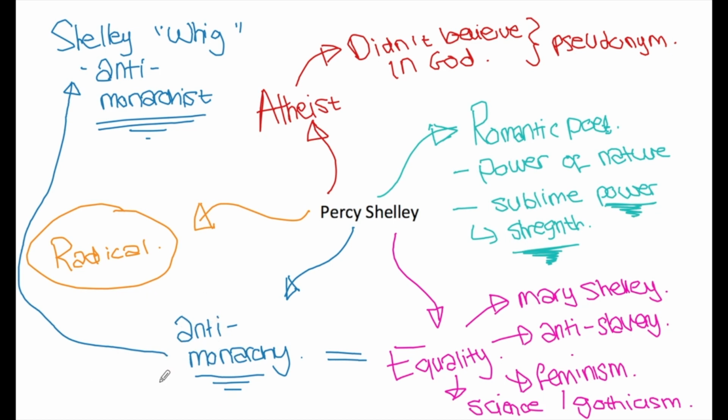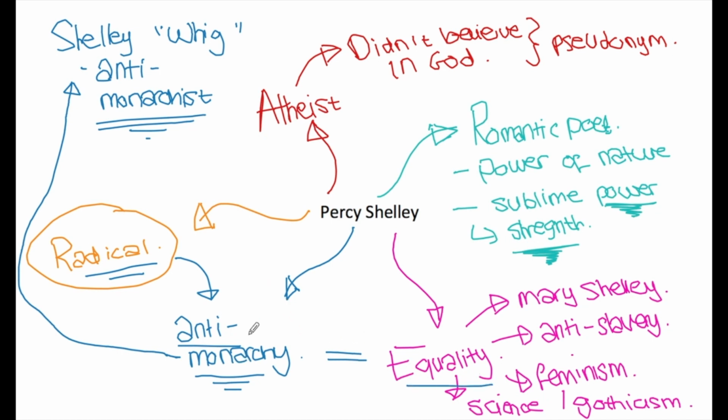And Ozymandias really reflects this kind of anti-monarchy as well. Ozymandias, who is a kind of totalitarian ruler, he was kind of a dictator in a way, ends up failing to leave behind anything. He essentially doesn't succeed in what he wants. And I think Ozymandias is quite a radical poem because it reflects Shelley's own views of anti-monarchy and the belief that things should be equal.